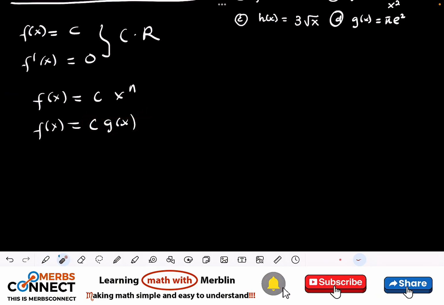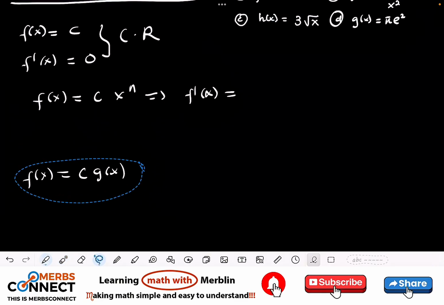So how am I going to do this? If I'm using this one, then I'm saying that f prime of x will be equal to, now a constant multiple rule says that if I have a constant multiplying the function or dividing the function, all I need to do is I need to factor it out, right? So when I finish, let me do a constant like this.